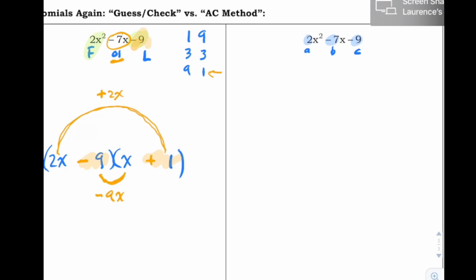Okay, so step 1 is to multiply a times c, hence the name AC method. So I got a 2 times a negative 9, which is a negative 18. That's called your AC, because it's a times c. It's negative 18. That's step 1.